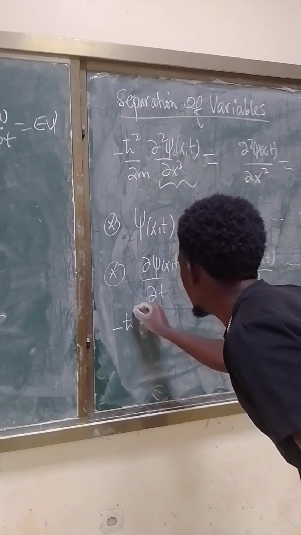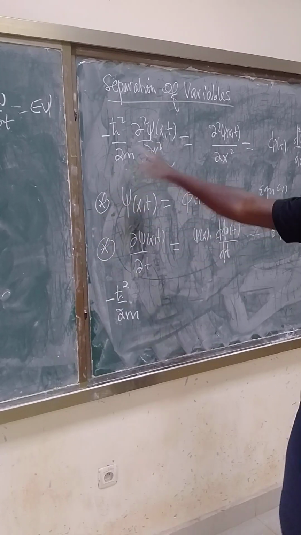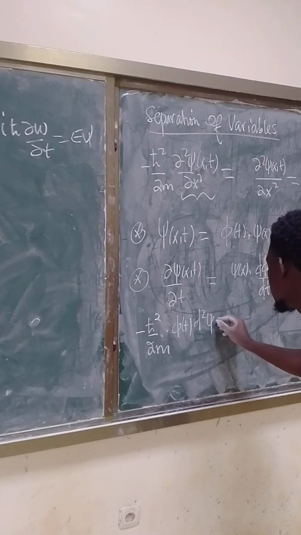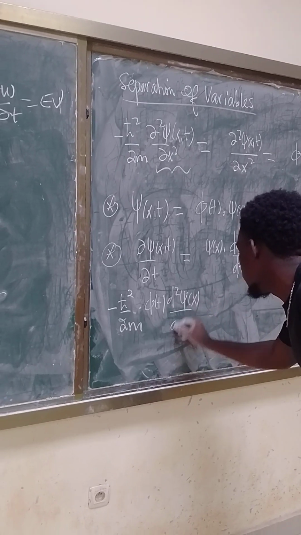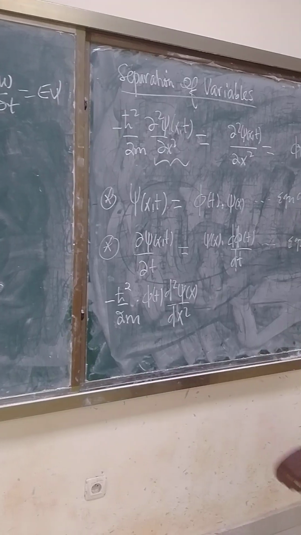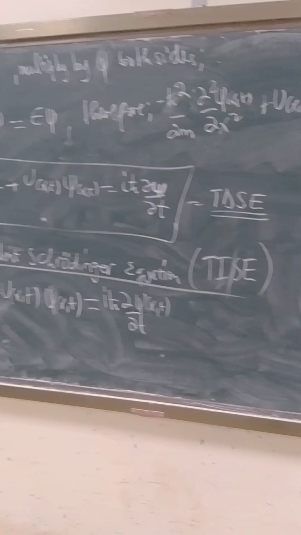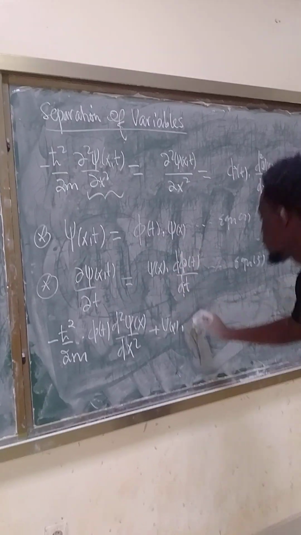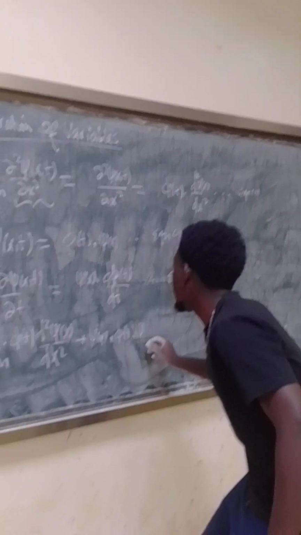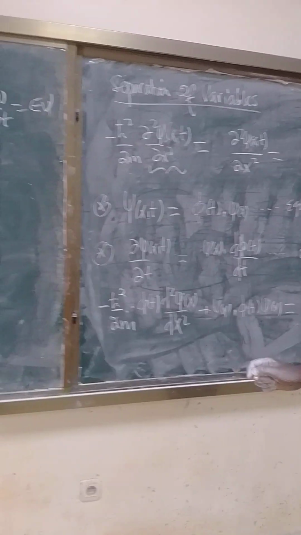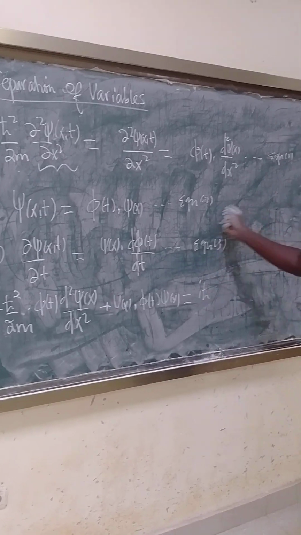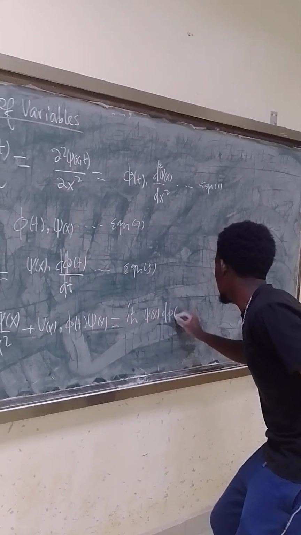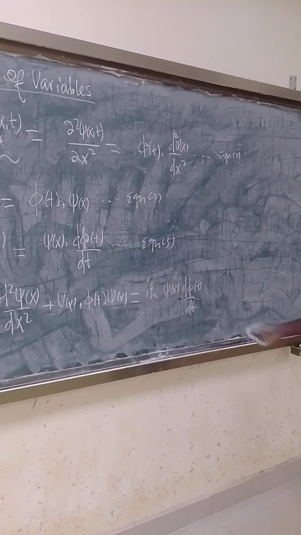It will be minus this constant, ħ squared over 2m, times this one as a function of x, plus U, the potential energy as a function of x, times psi, which is this one as a function of time times psi, which is equal to this constant times this one, which is equal to psi of x times d phi over dt. So this is what we have.